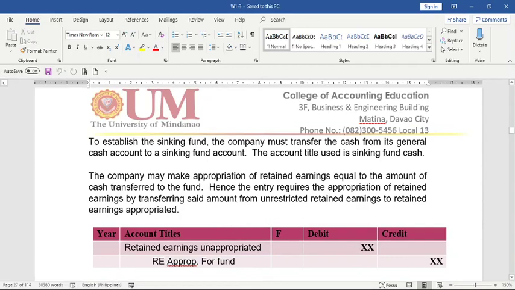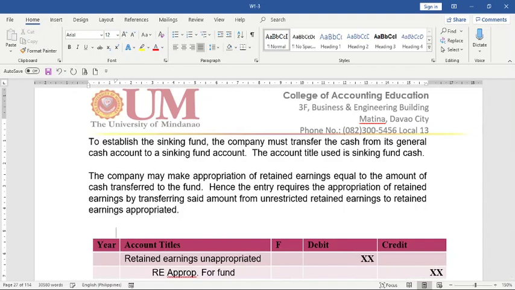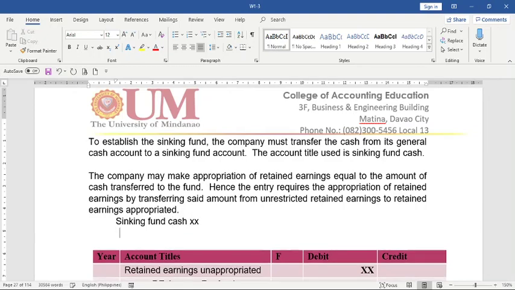So first, you need to transfer your general cash to the sinking fund. So, make the entry first: debit sinking fund cash, and credit cash in bank or cash. So the cash you segregate is for a special purpose.